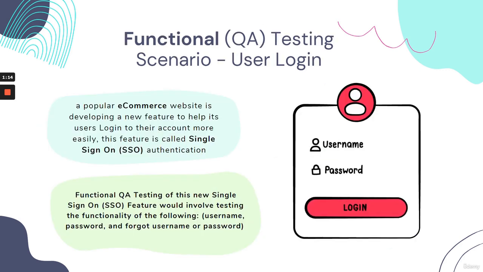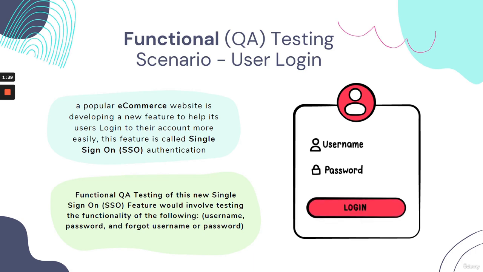Let's go over an example of a functional testing scenario. Here we have a user login. A popular e-commerce website is developing a new feature to help its users log in to their account more easily.